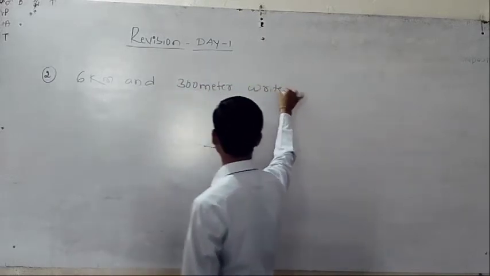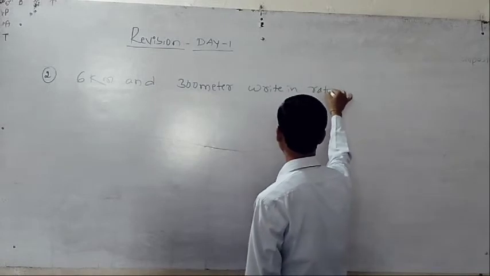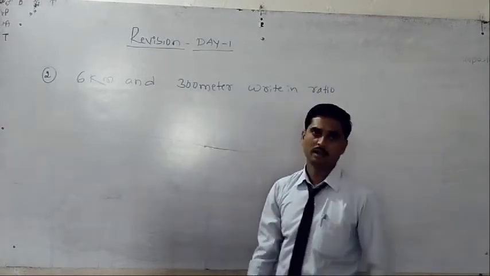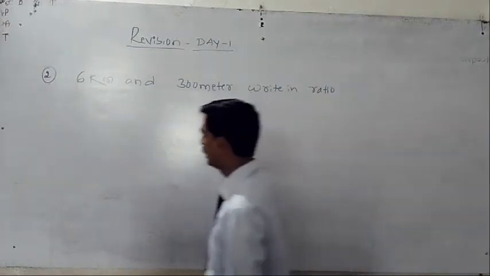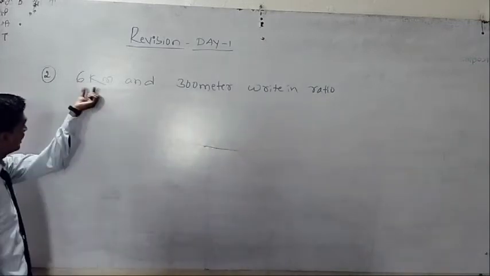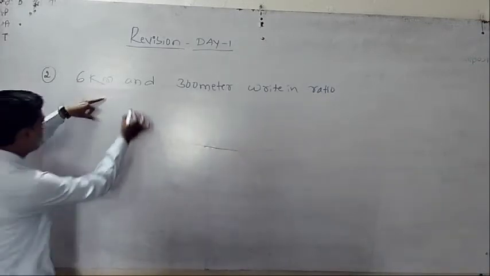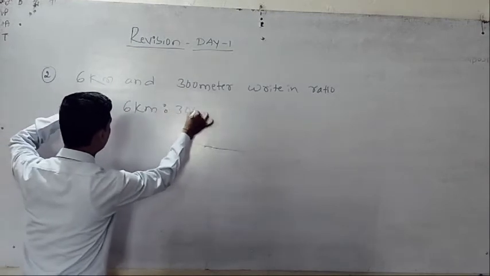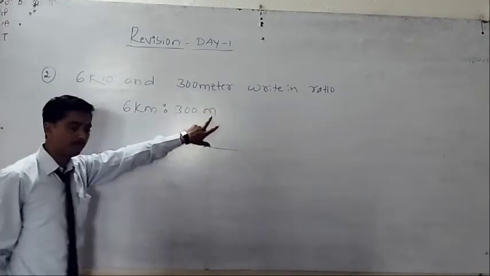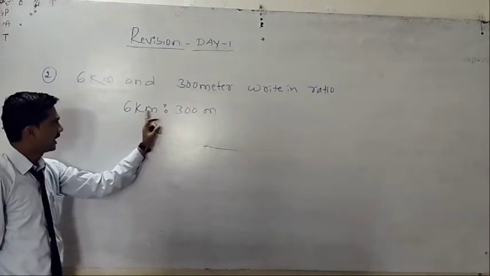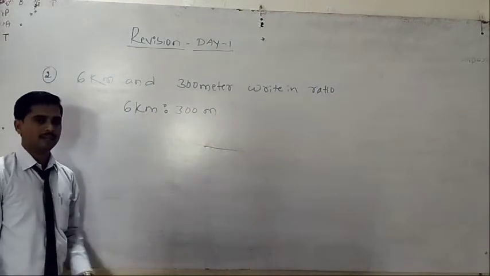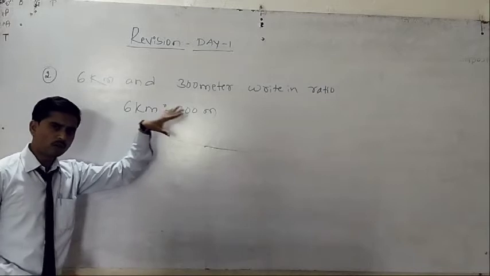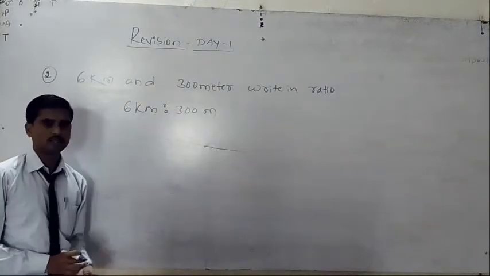Write in ratio. You know that already. 6 kilometer is to 300 meter. M means meter, km means kilometer. If it is possible to write in ratio, is it correct?